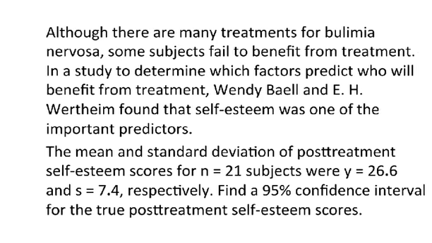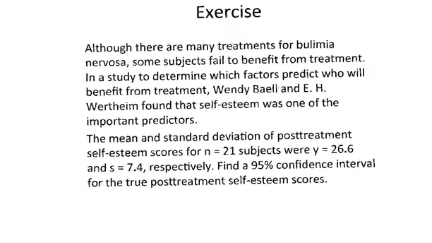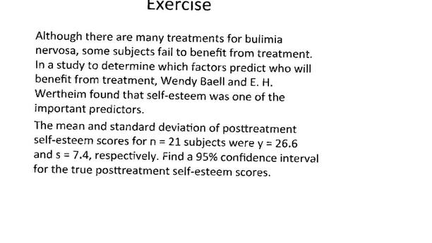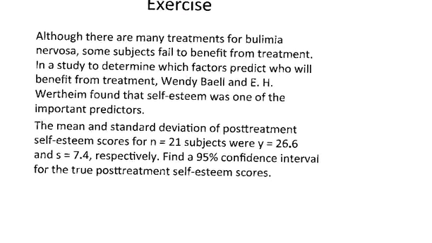So let's take a look at an example. We have an exercise here. It says that there are many treatments for bulimia, but some subjects fail to benefit from the treatment. In a study to determine which factors predict who will benefit from the treatment, some scientists found that self-esteem was one of the important predictors.